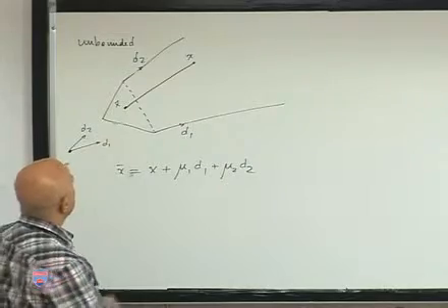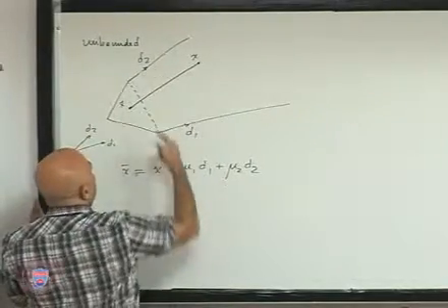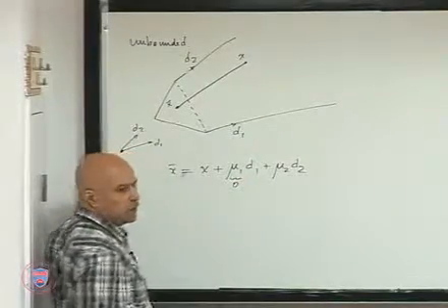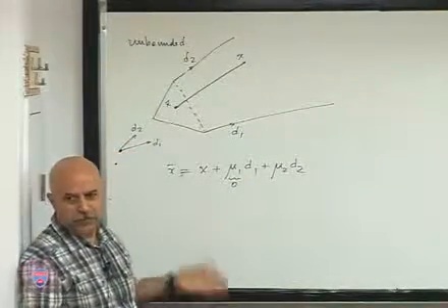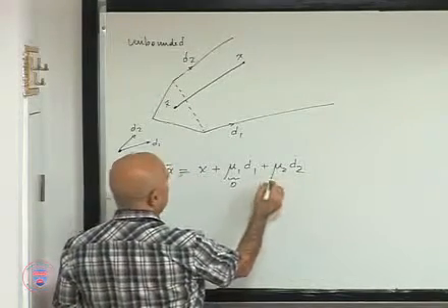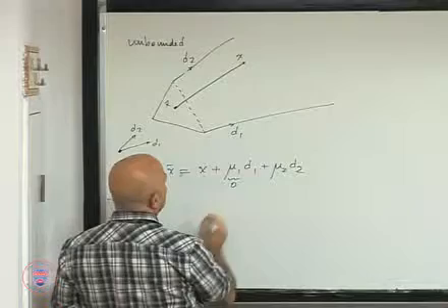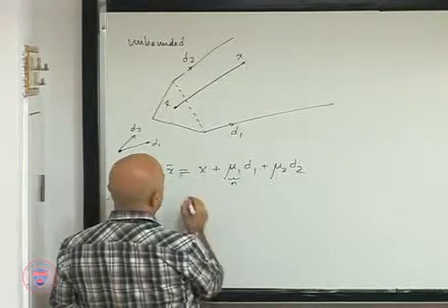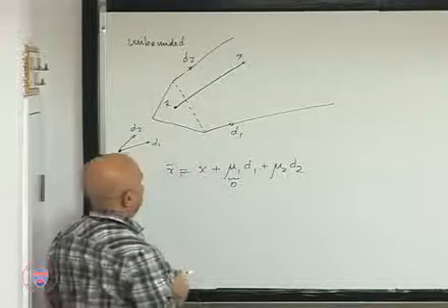In this case, because my line looks parallel to D2, let's just choose mu1 to be 0. You don't have to, but let's just do it that way. And so mu2 times D2 will be that, and you will get your X bar.